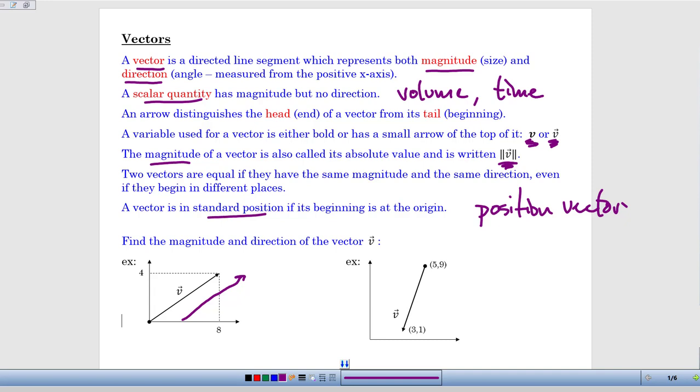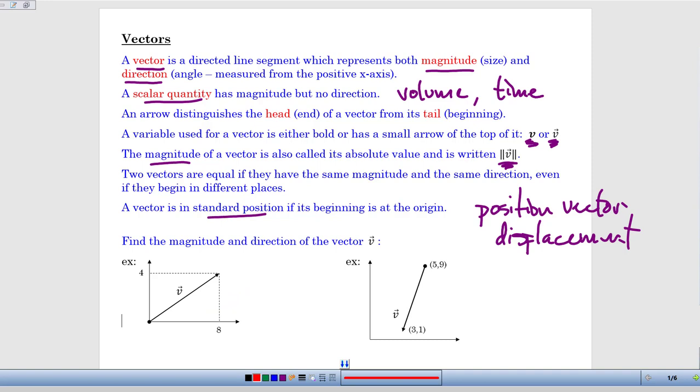Otherwise, if it's just from one point to another, that would be a displacement vector. So we can see in the first example that would be one that is a position vector because the initial point is at the origin, whereas in the second example, that would be considered a displacement vector because we're just traveling from some other point in the coordinate plane to that finishing point.